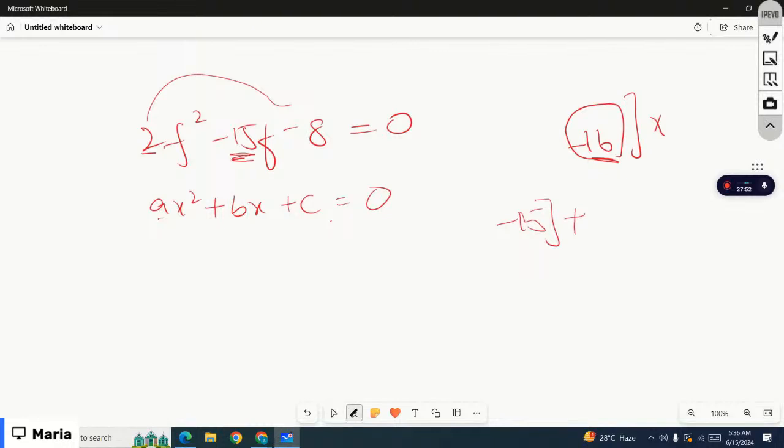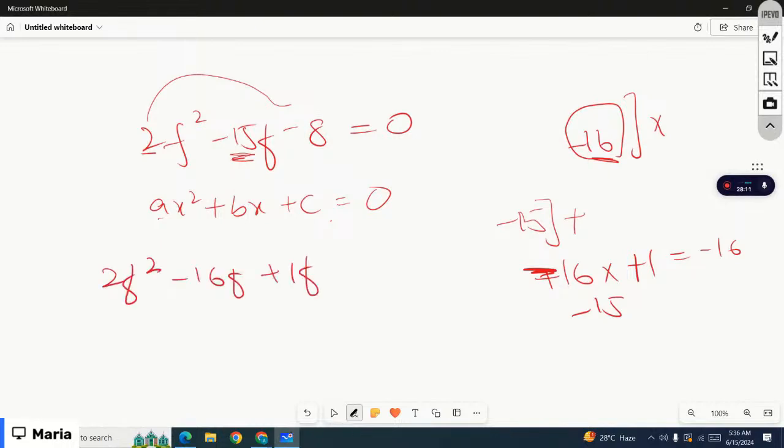That would be plus 16 and minus 1, because 16 times 1 is negative 16. No, negative 16 and plus 1. And then when you add, that makes negative 15. So that is 2f square minus 16f plus f minus 8.